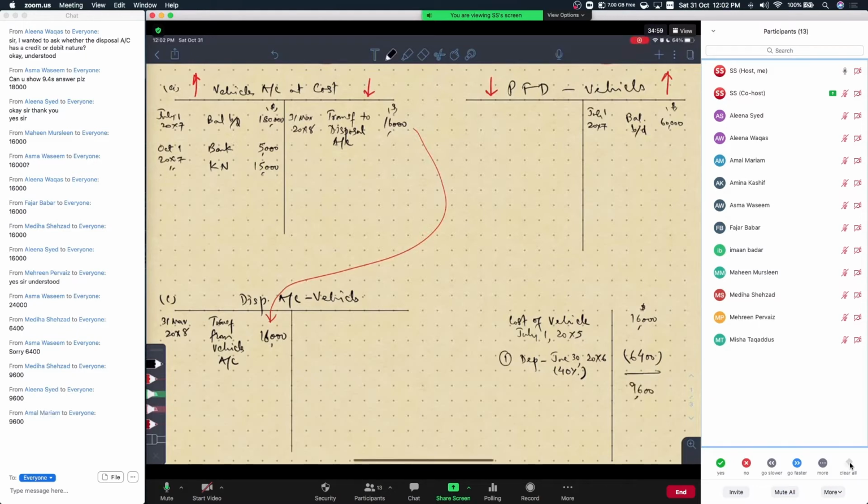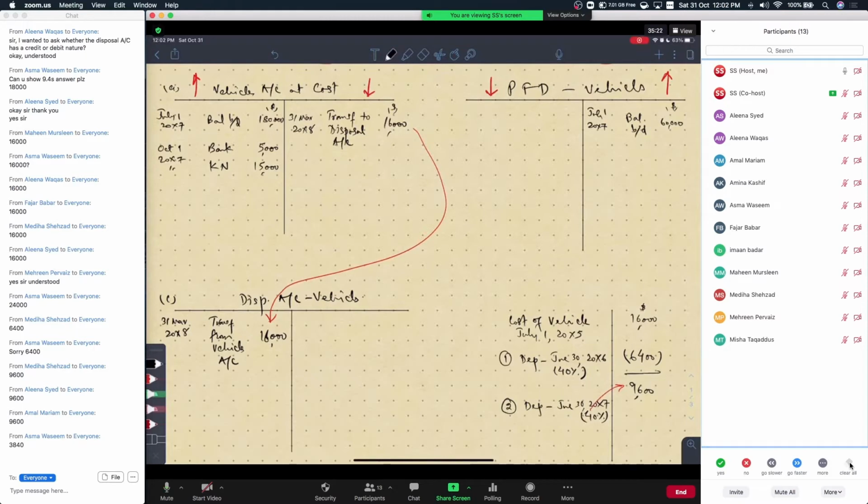Then comes the second depreciation charge, and that must be June the 30th, 20x7, which will be again a 40% charge, but this 40% is going to be on the book value because reducing balance method is our depreciation policy.